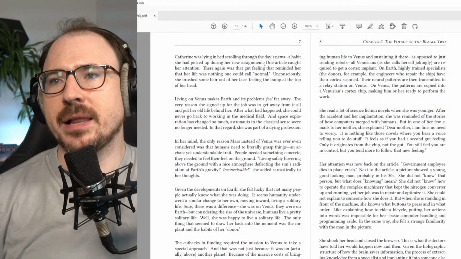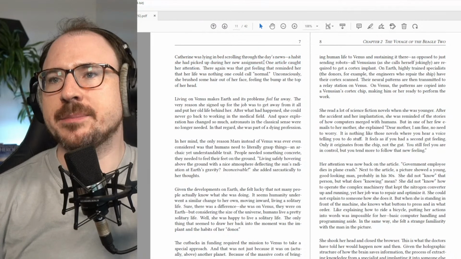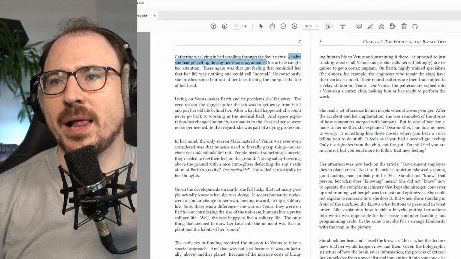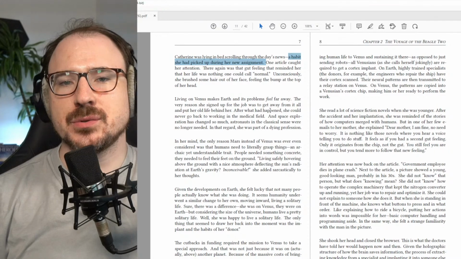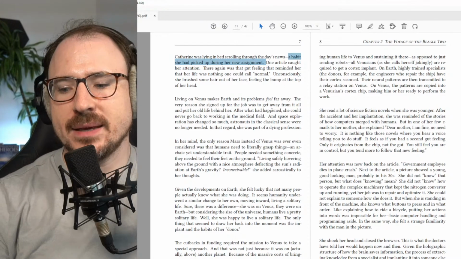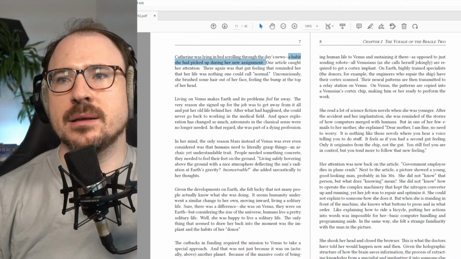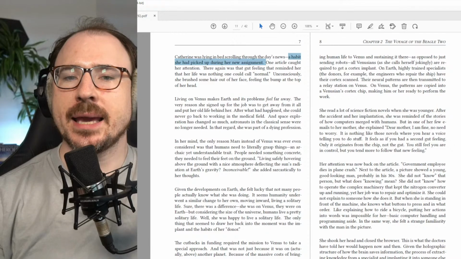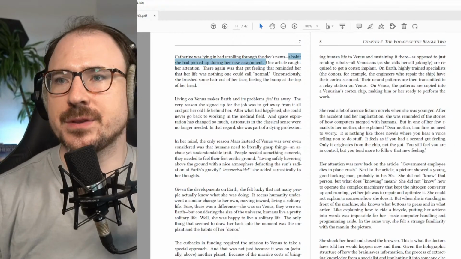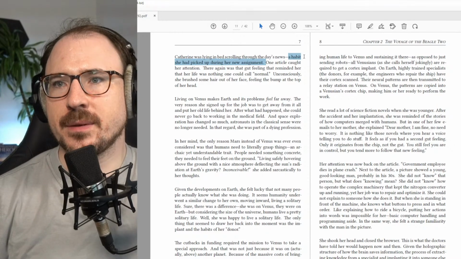Also, here, a habit she had picked up during her new assignment. Well, why is that important to explain? Why is that important? Again, what is the payoff of this explanation?